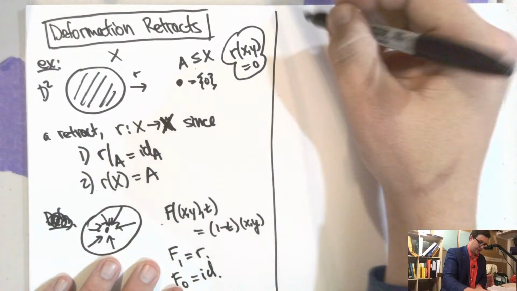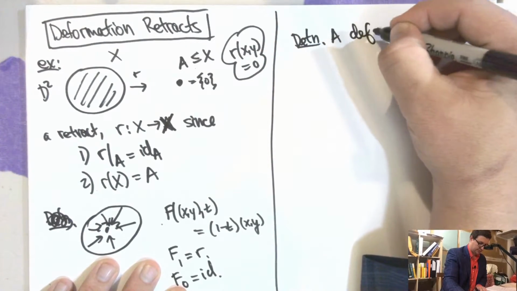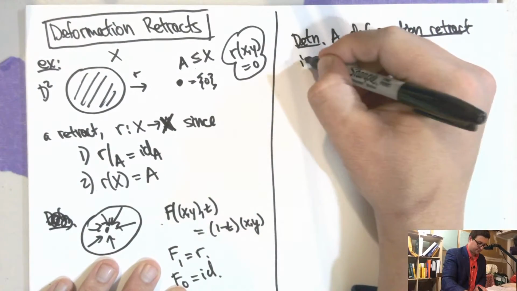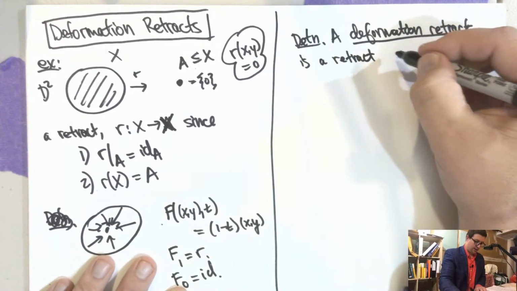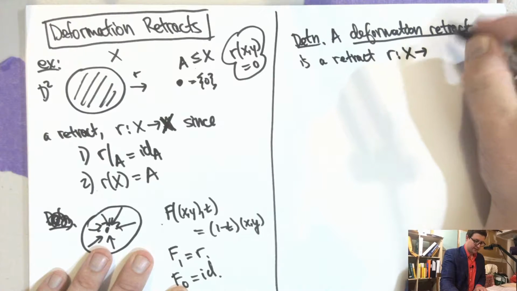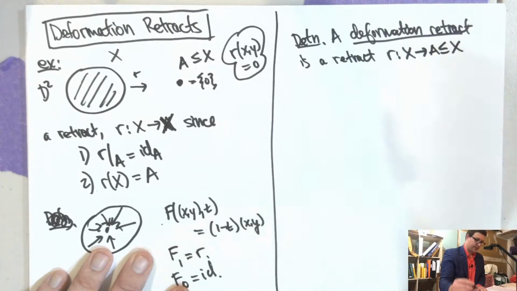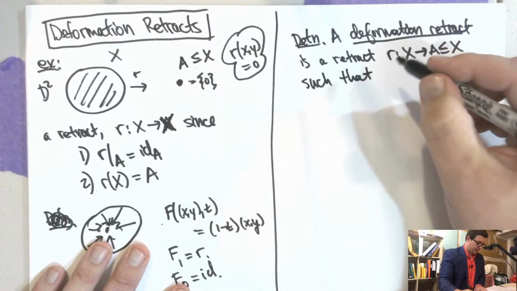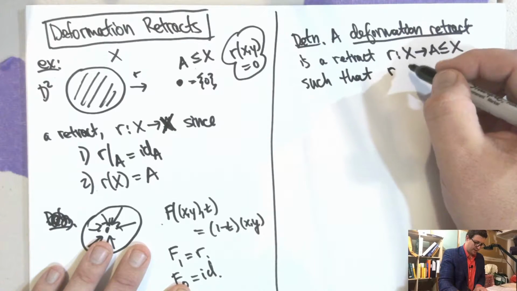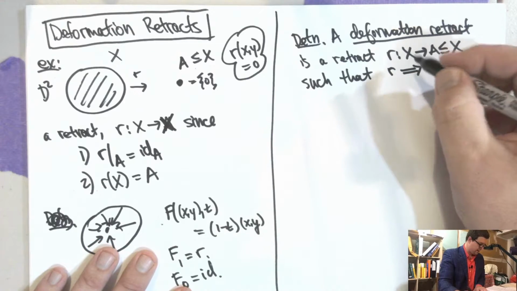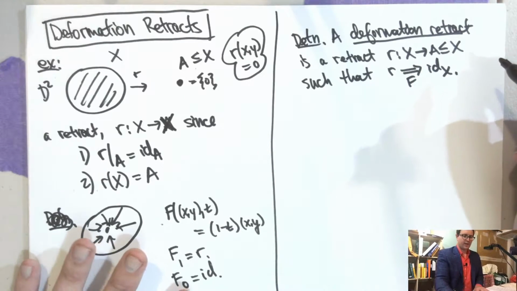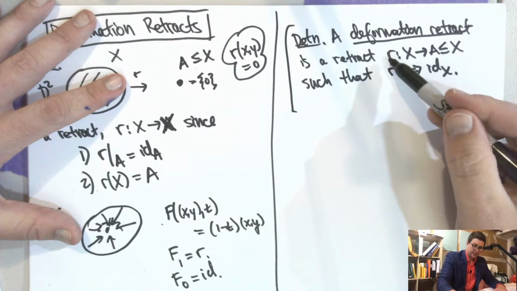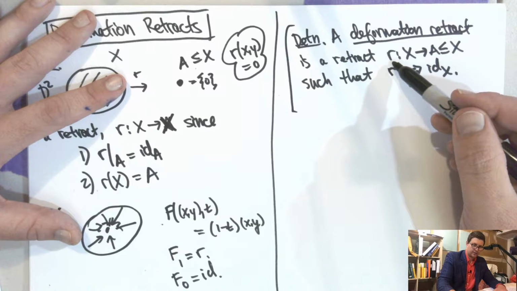Okay, so what's a deformation retract in general? It's a retract R from X to A, or let's say X to X, with A a subset of X, and we're going to view this as a map from X to X such that R is homotopic to the identity.